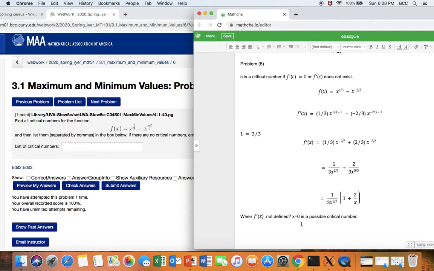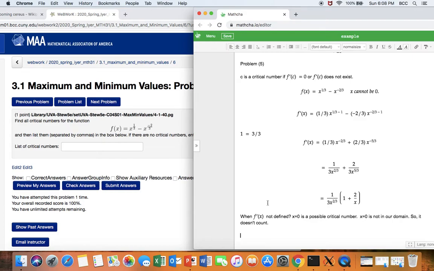The only catch is x equals 0 is not in our domain. See right here, x has a negative power, so that tells me x cannot be 0. So it is not in my domain. So it doesn't count. So for f prime not defined, the only option was x equals 0, which doesn't count.